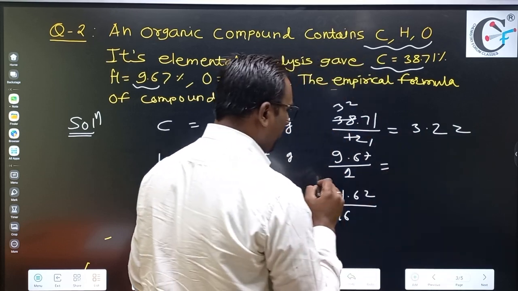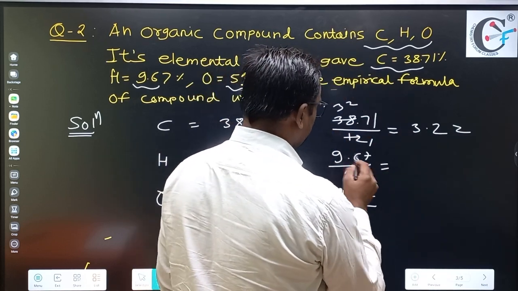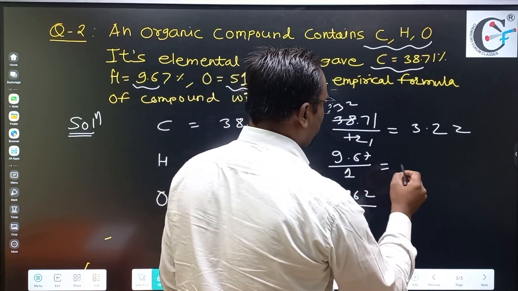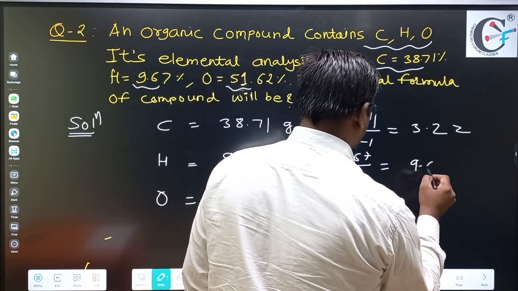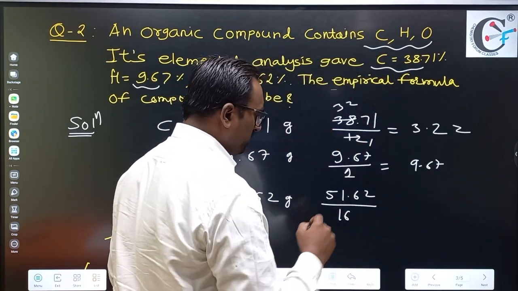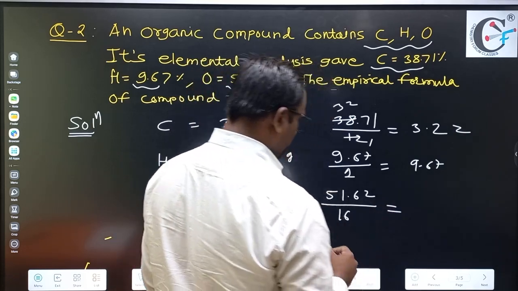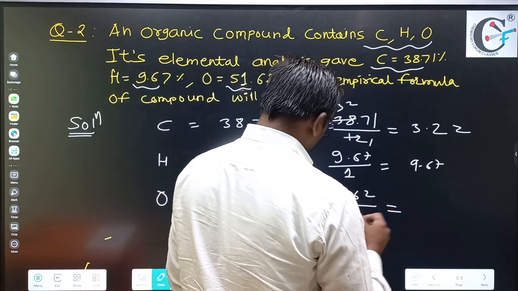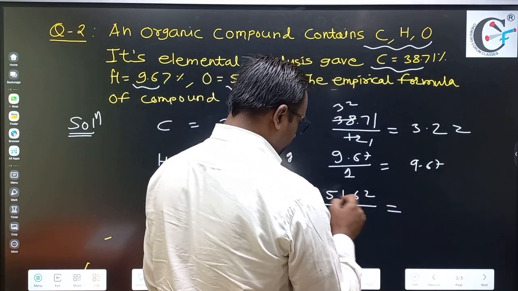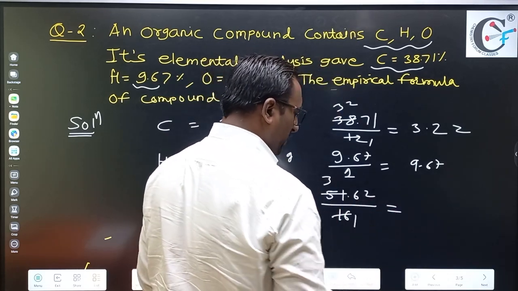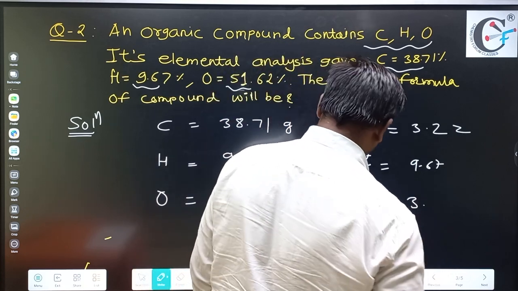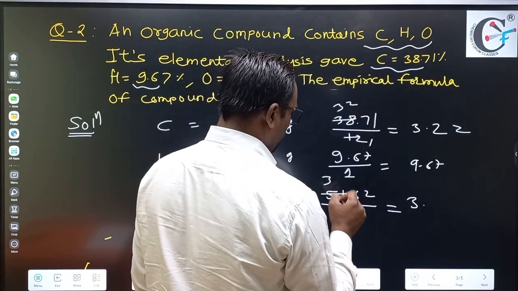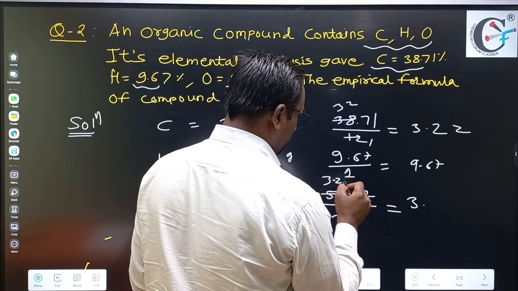Again here, 9.67 divided by 1, it is 9.67. So here again we get 16 1s are 16, 16 3s are 48. Again we are getting 3, then we are getting 2 and 2.